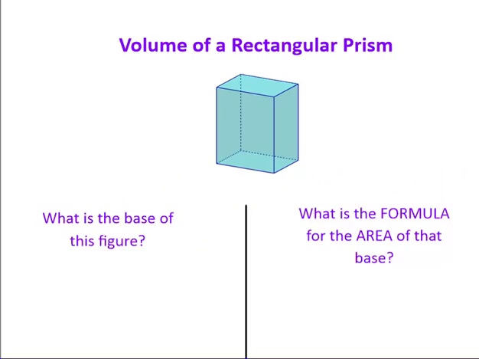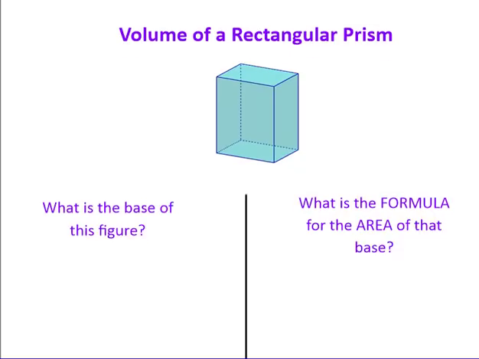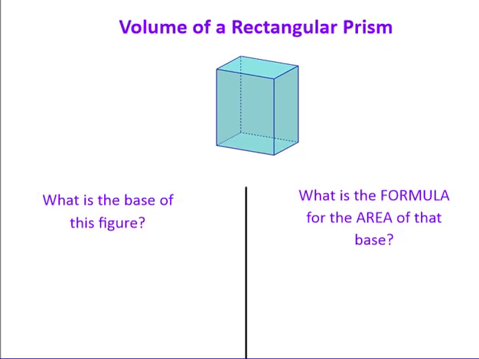So let's take a look at the first shape. So here we have the volume of a rectangular prism, okay? So what is the base of the figure? Well, the base of the figure is right here, and that is a rectangle. Now, what is the formula for the area of the base?